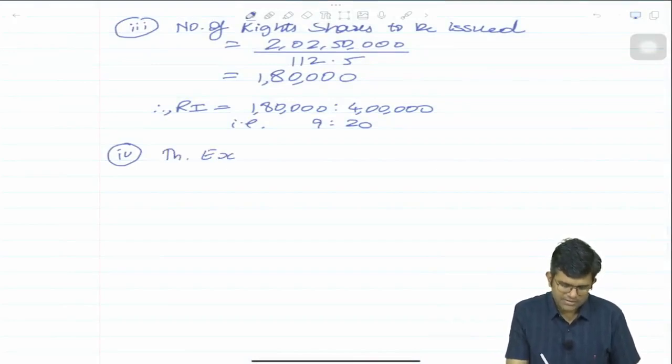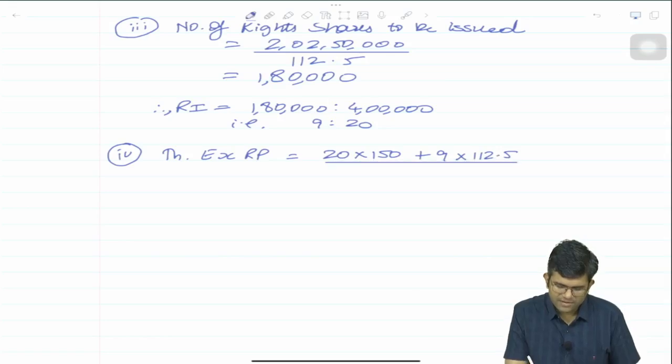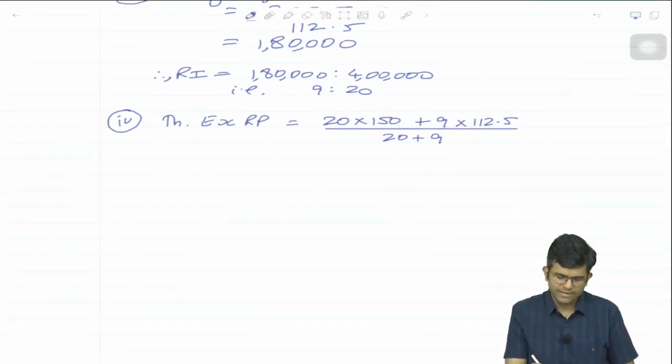Theoretical ex rights price will be, let's say a shareholder is having 20 shares. Currently the market price is 150. Additionally, he or she will get 9 shares for which the issue price is 112.5. This will be divided amongst 20 plus 9 shares. Wait, take your time, read carefully. Did you understand what I have done? Correct? Okay.